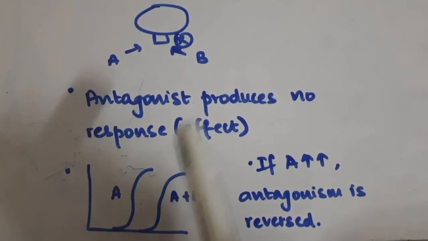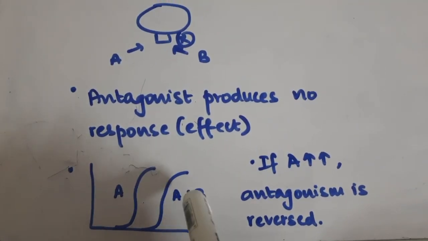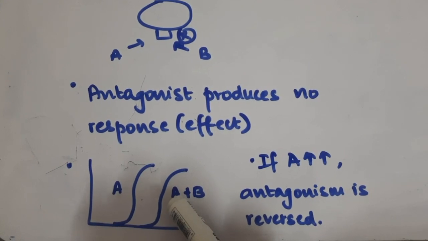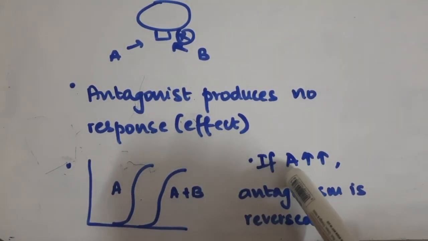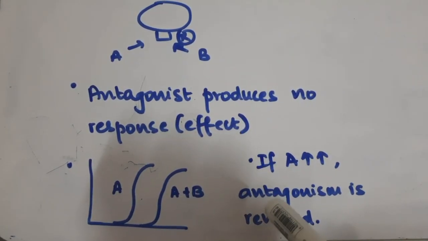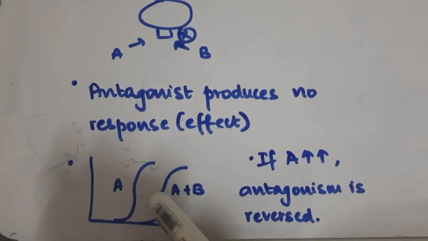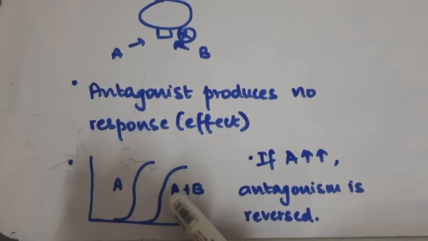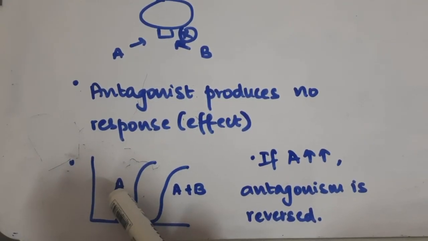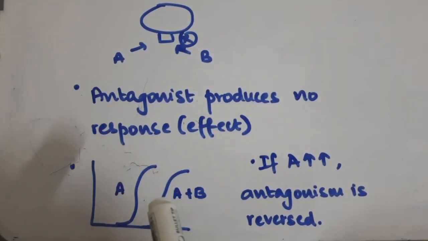Now if we want A's response again, we can do that if the dose of A is increased. If a lot of drug A is given, if drug A is given in excess, this antagonism can be reversed. But the shift to the right will mean that a higher dose of A will be required to produce the same effect as would have been produced if B was not there. This is competitive antagonism.